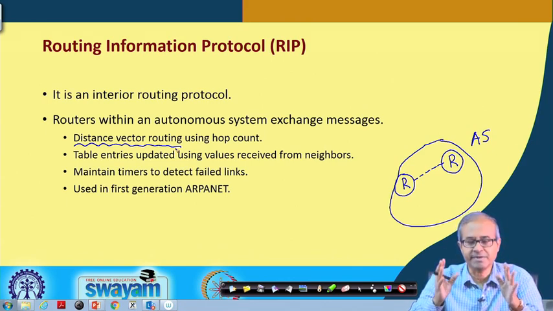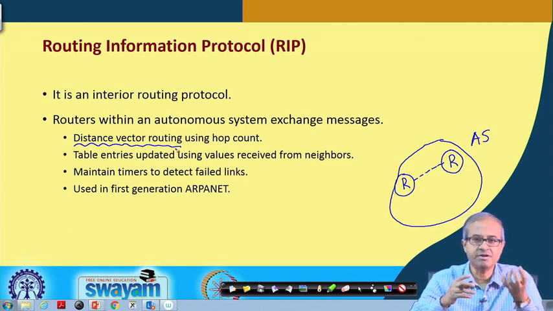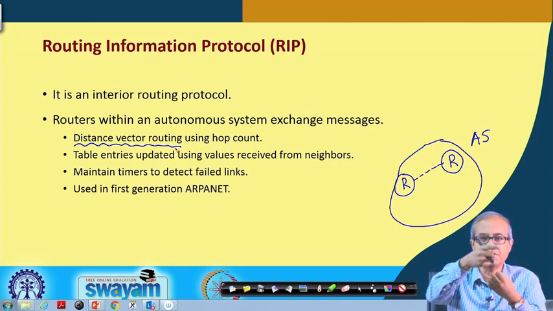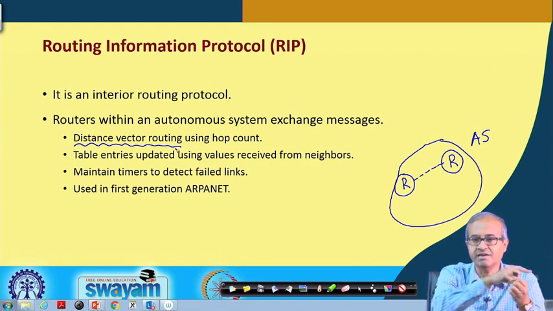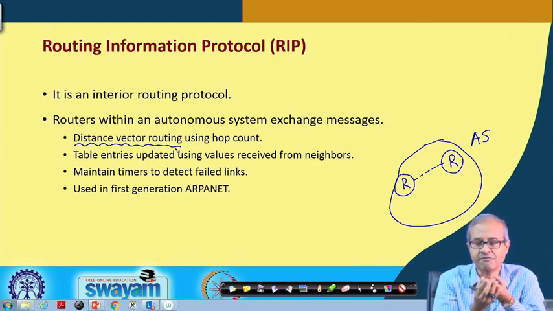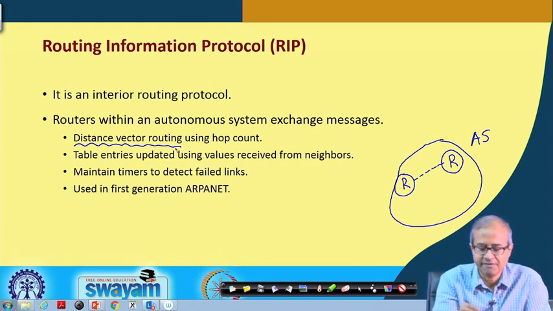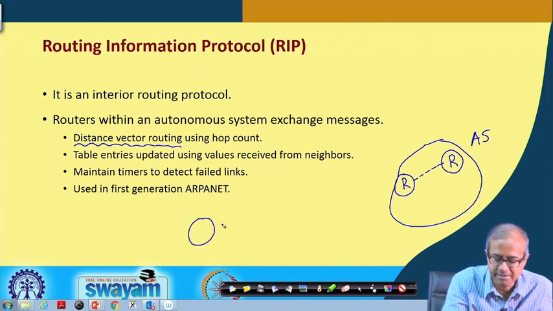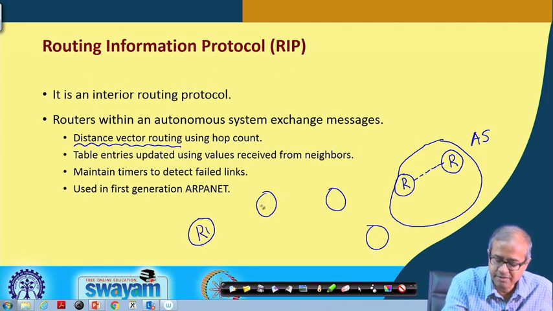Distance vector routing basically says every router will have some information about how far the other routers are from itself. For example, I have a router here, and there can be other routers like this. Let us say this is router 1, router 2, router 3 and router 4.